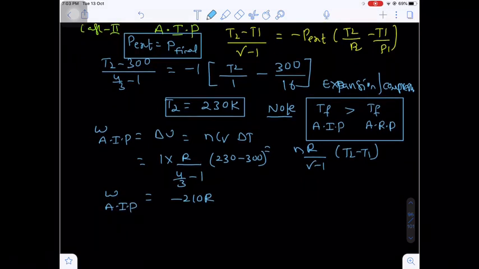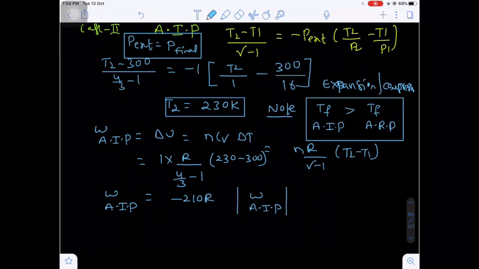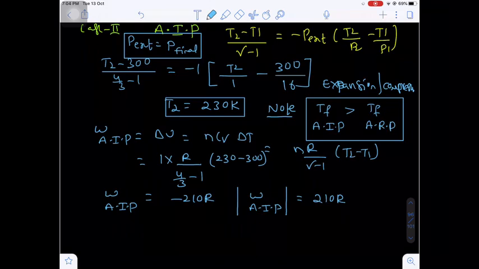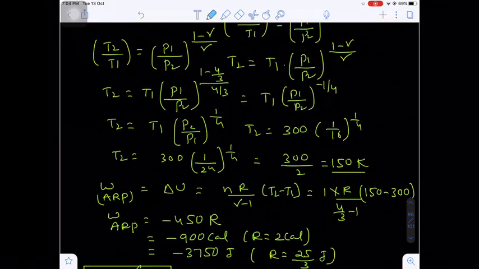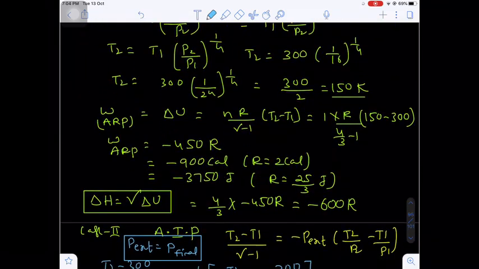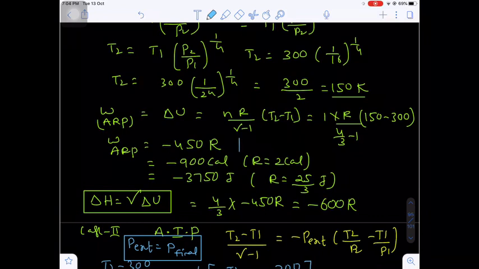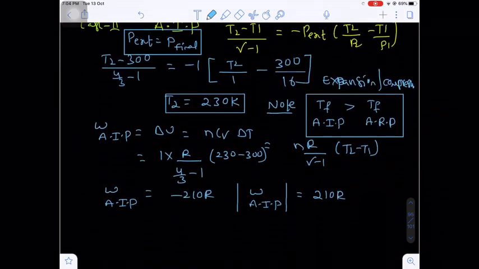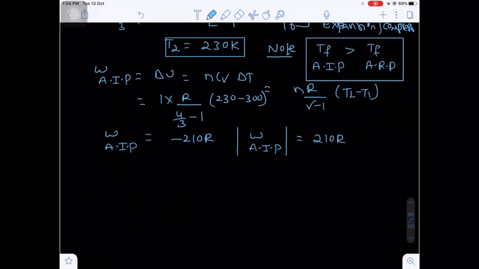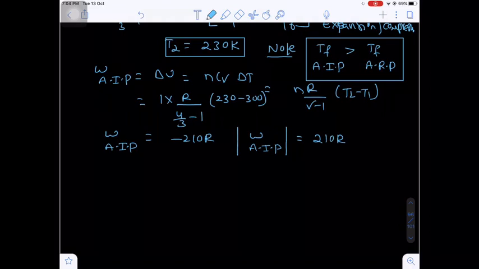And one more important conclusion we can draw. If you take the modulus, the magnitude of work done in the adiabatic irreversible process, that will be plus 210 R. Whereas in the adiabatic reversible process, the modulus of work done will be equal to 450 R. So from here, shall I conclude one important note?